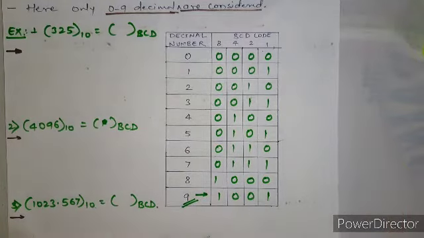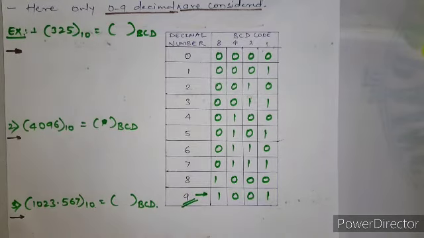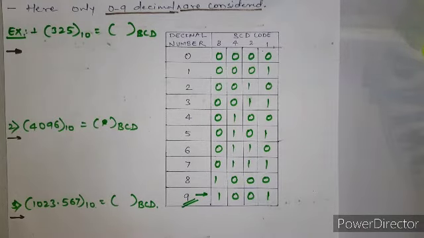Now you may say that the binary equivalent of 9 is also 1001. Yes, it is correct, but how you frame the question is important.